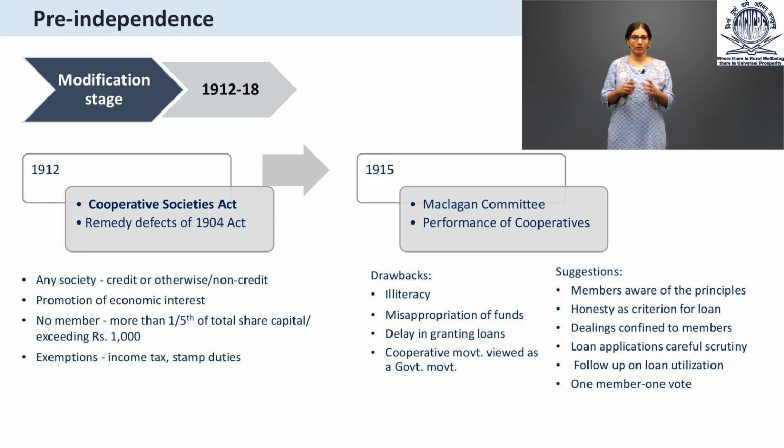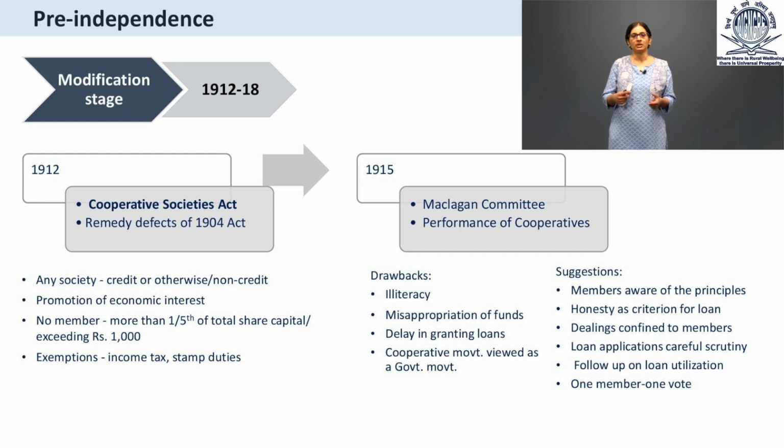What did this Act contain? What were its key features? It said that any society, credit or otherwise, which means including non-credit, could be registered. It also said that a society needed to have as its objective the promotion of the economic interests of its members. So that should be the objective of a cooperative society.